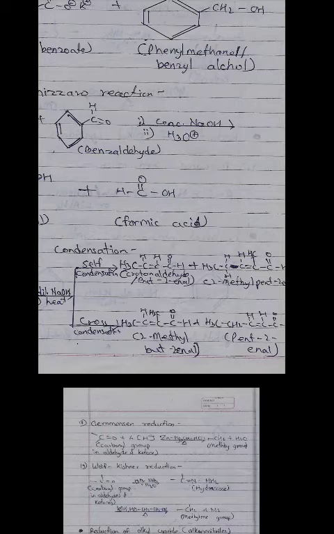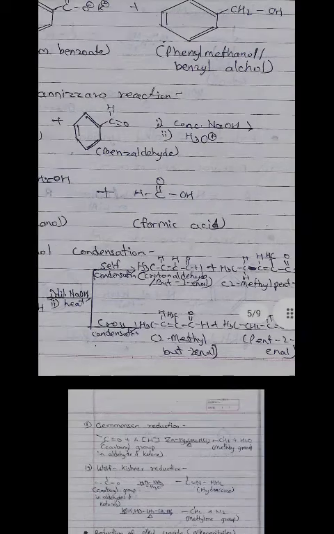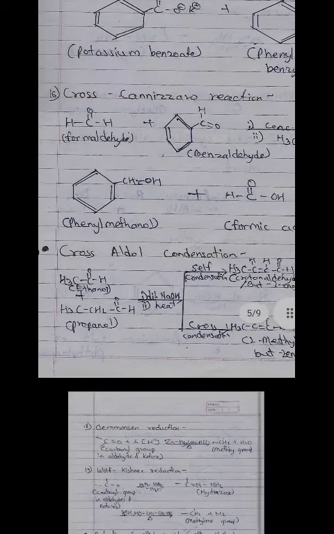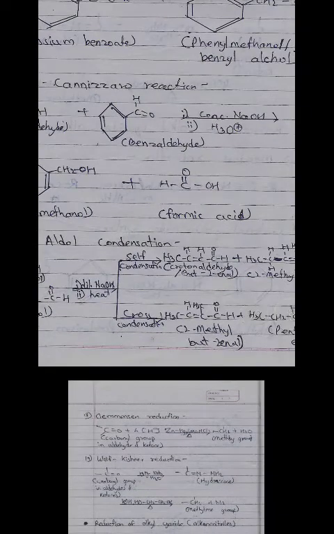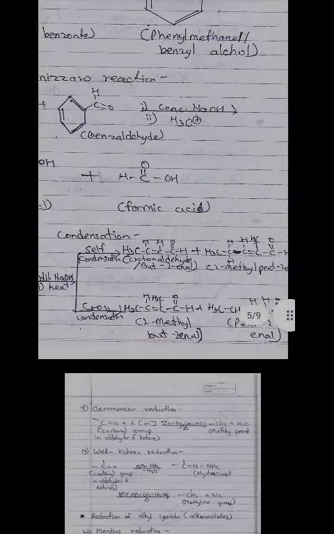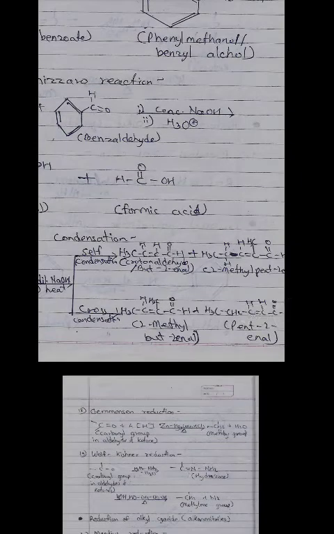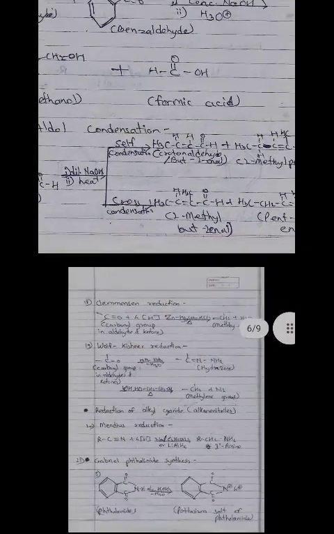Plus 2-methyl pent-2-enal. And when the same reactants are taken under cross condensation, there are also two products formed. First is 2-methyl but-2-enal and pent-2-enal.